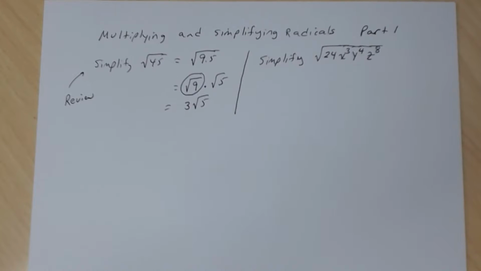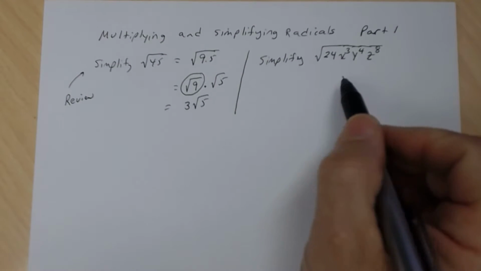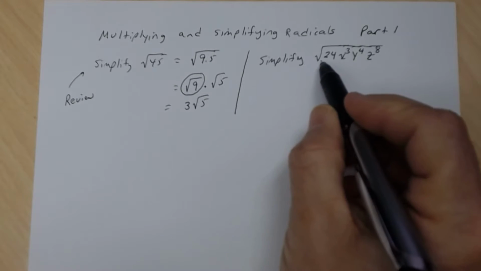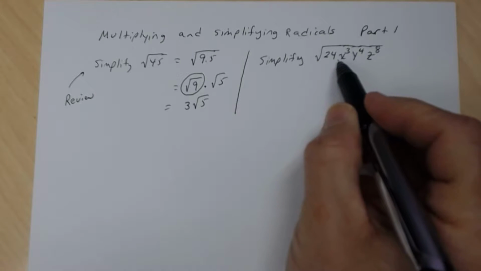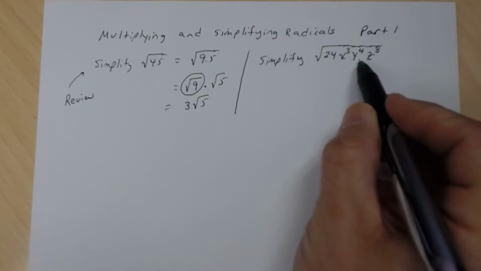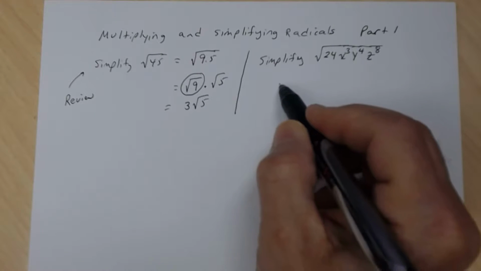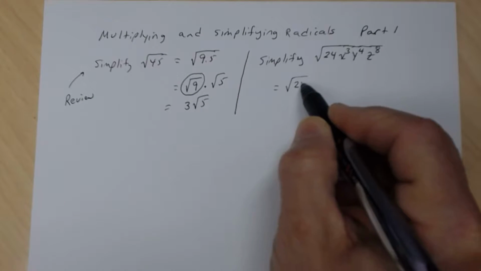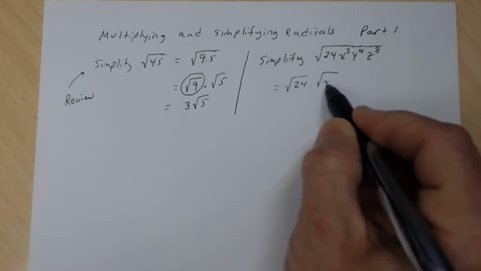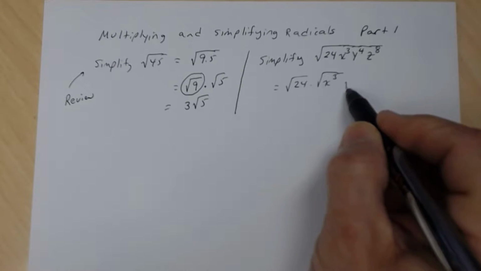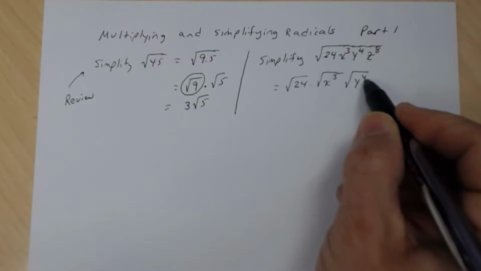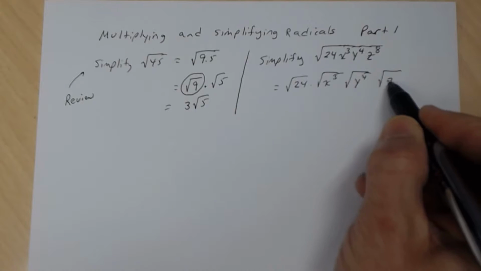So simplify the square root of 24, x to the 3rd power, y to the 4th, z to the 8th. Now remember, we're simplifying this. So write this out in steps. So the first thing we're going to do is rewrite these as the product of each individual square root. Okay? So I'm going to get the square root of 24 times the square root of x to the 3rd power times the square root of y to the 4th times the square root of z to the 8th.